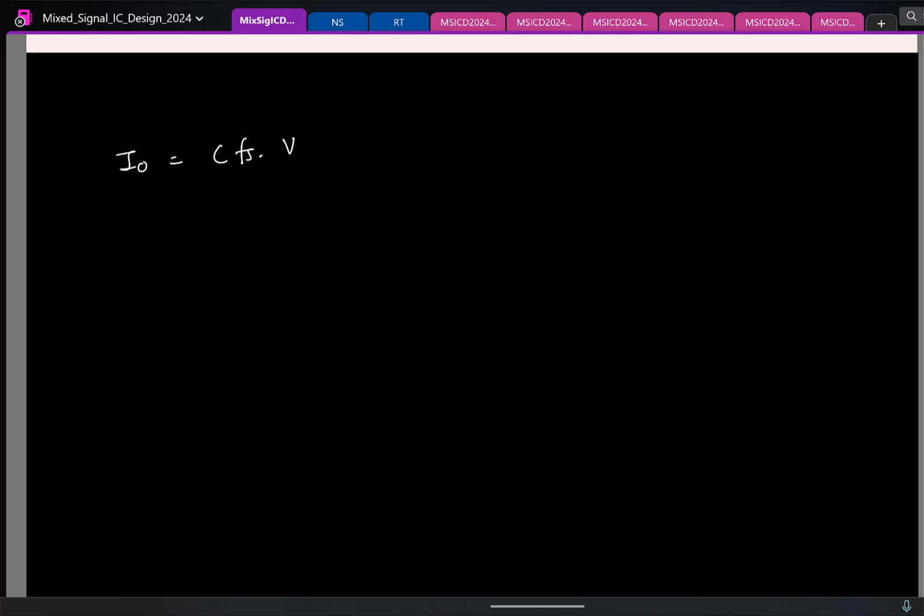So typically people make loose statements that this means that the equivalent resistance is 1 by Fs C. But strictly speaking, here what I am doing is applying an input voltage and measuring a current, right?